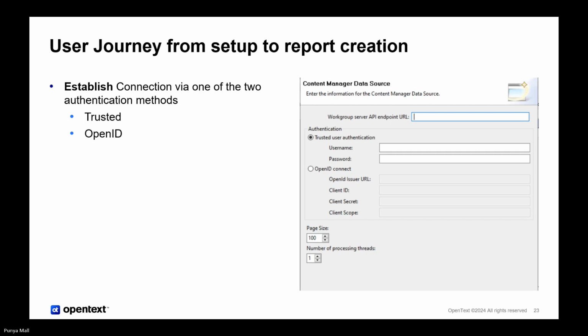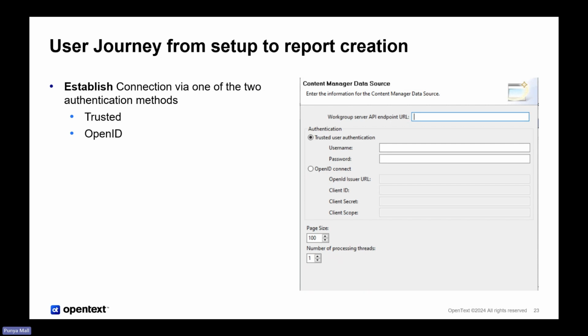Right. So as part of the journey to create the reports, we need to define the data source, which basically is the service API for the CM workgroup server. And as I mentioned, it supports trusted user authentication and OpenID Connect. Once we are ready to create a data source, these are the endpoints and the information that we need to provide.